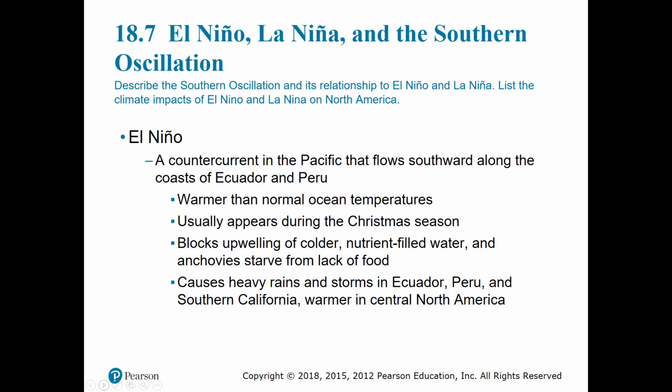And so the anchovies, which are kind of at the bottom of the food chain, start to die out. This affects the overall food chain, which really affects fishing in those areas affected by the El Nino warmer currents.